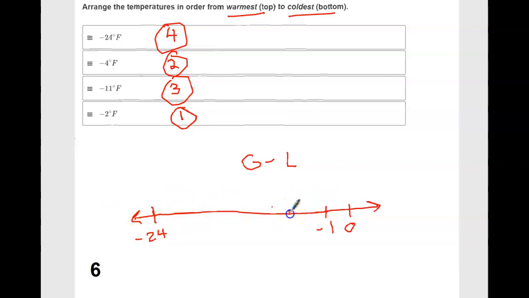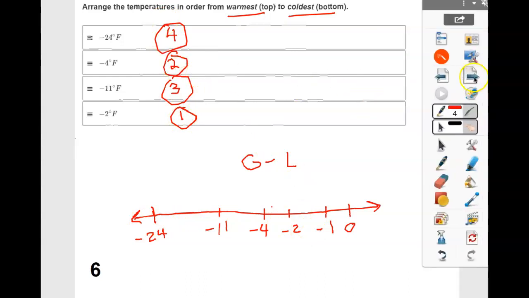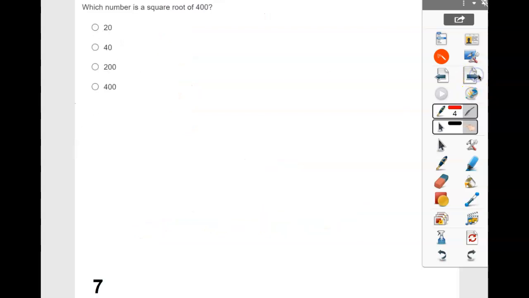So I can go, okay, what's going to come next in this number line? Negative 2 would be in there. Negative 4 is going to head out this way. Negative 11 is going to be somewhere here. So a number line might help you to visually see where they fit and help you to figure out the numbers. All right, go ahead and pause, write down what you need, and move on when you're ready.